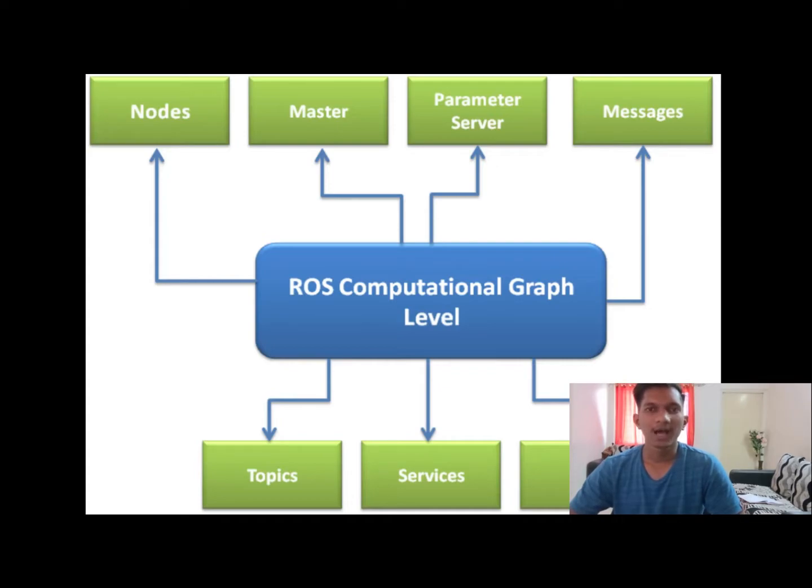Now how do these nodes communicate between each other? Nodes communicate between each other using the topics. So what are these topics? Topics are nothing but the communication media between two nodes or two services or two actions.